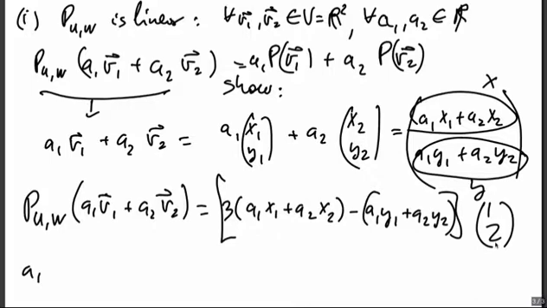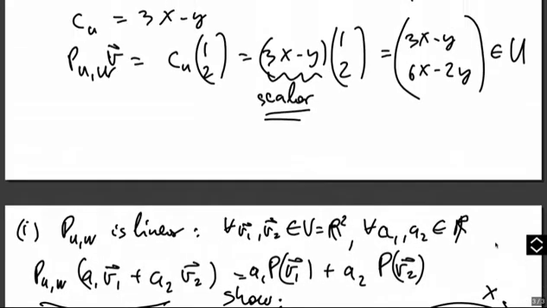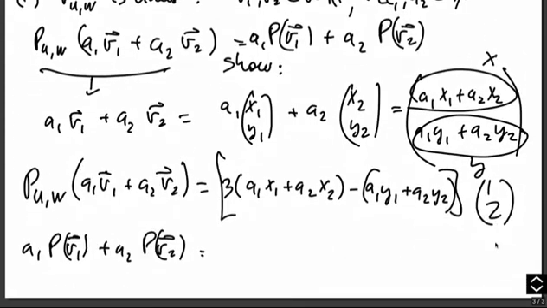Unless you want to multiply this out and simplify, there isn't much simplification since we have x's and y's combined with a's. So instead, let's go to the right hand side, a1 P v1 plus a2 P v2, which equals, according to the definition, 3x minus y times the projection.